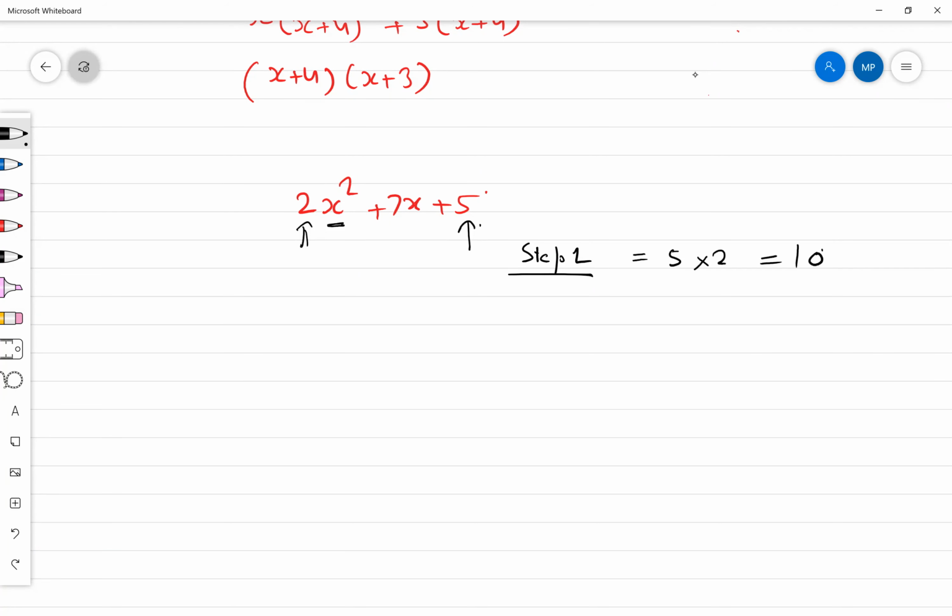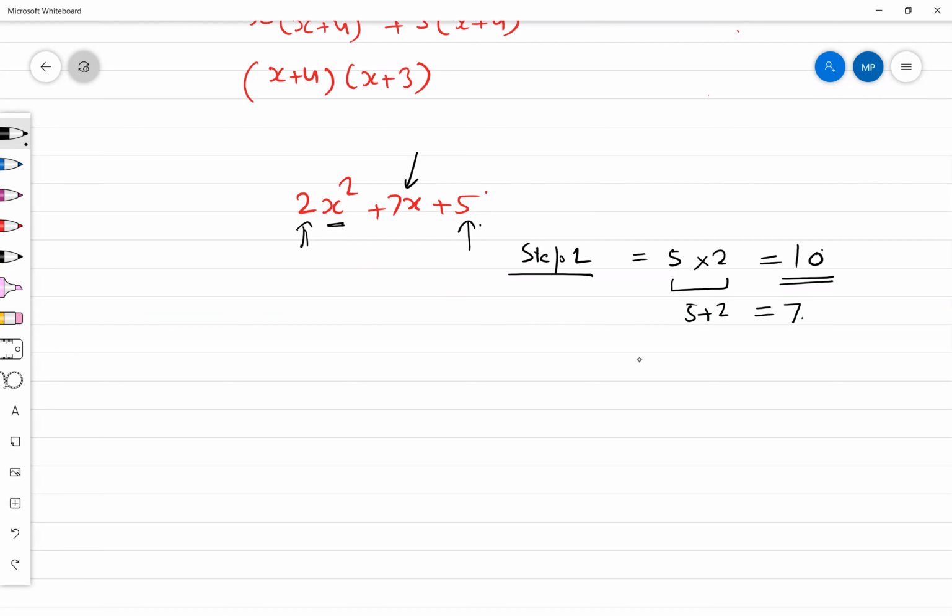Now I have to split 10 in two parts, that means factorize 10 so that I get 7. The two factors of 10 are 5 and 2, and if I add 5 and 2, I get 7. So my system is done.